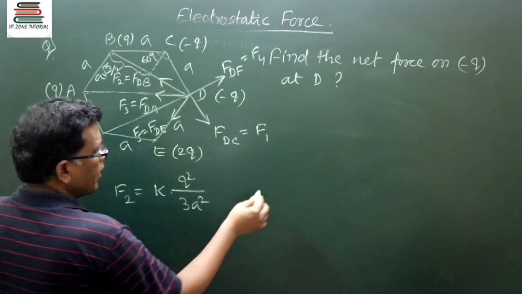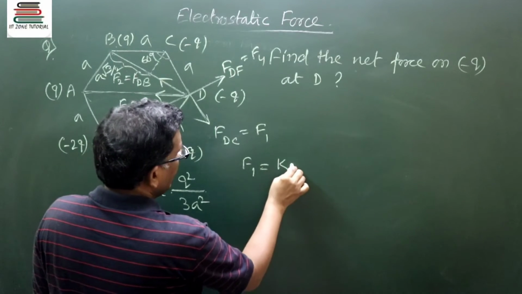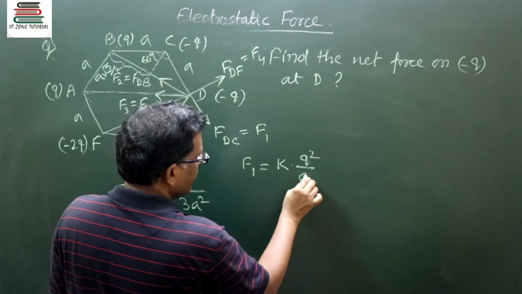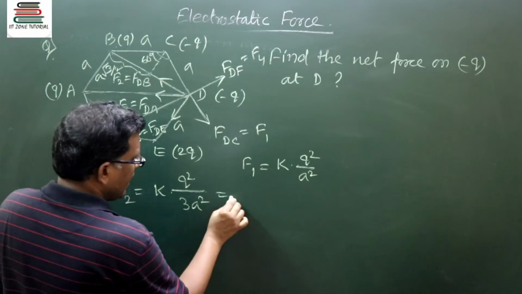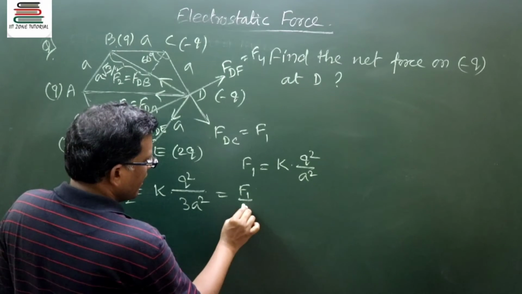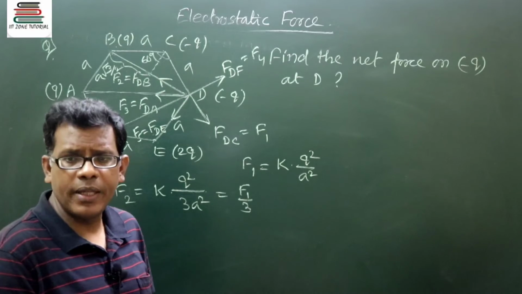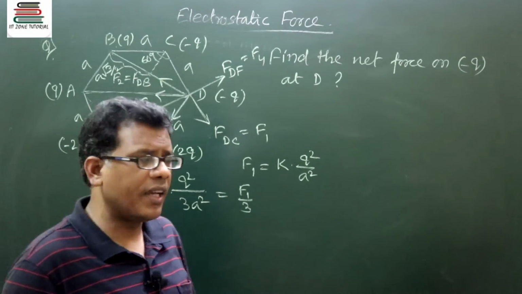So this is F2, and what was F1? F1 was simply K Q square by A square. So can I say F2 is nothing other than F1 by 3? Is that clear? F2 is 1/3 of F1, fine.